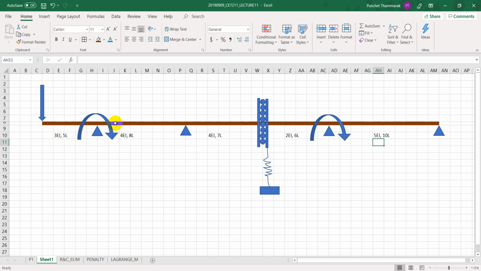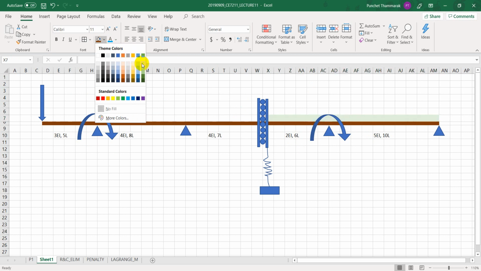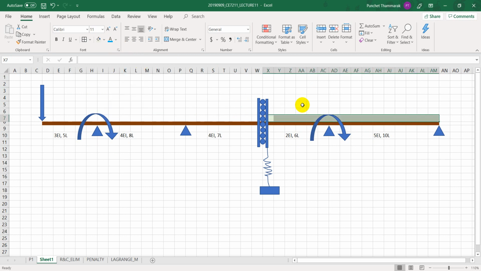Now, well, let us apply the load. Uniformly distributed load.